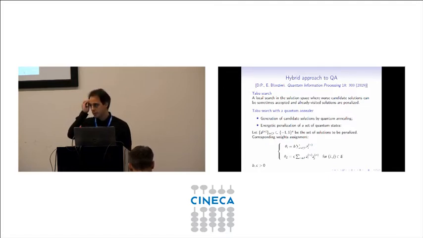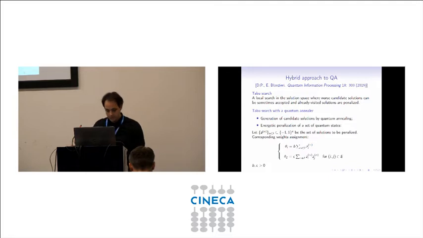So the idea is, we try to implement the taboo search paradigm into the quantum annealer. We consider a quantum annealer, and we can use it to generate candidate solutions of an optimization problem, such that the quantum states corresponding to the already visited solutions are penalized.